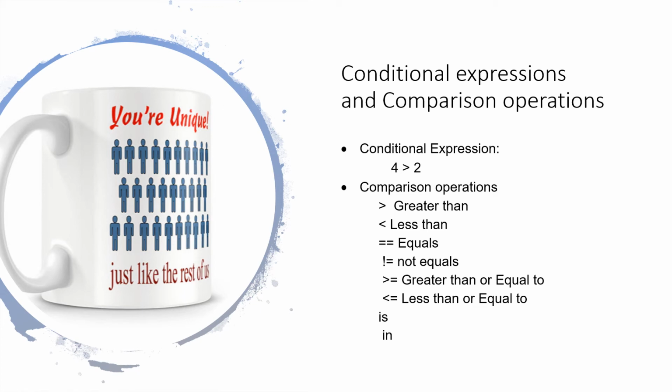Greater than or equal to and less than or equal to: these operators do the exact same job as the greater than and less than operators, but they also check if the value of the left operand in the conditional expression is equal to the right operand.